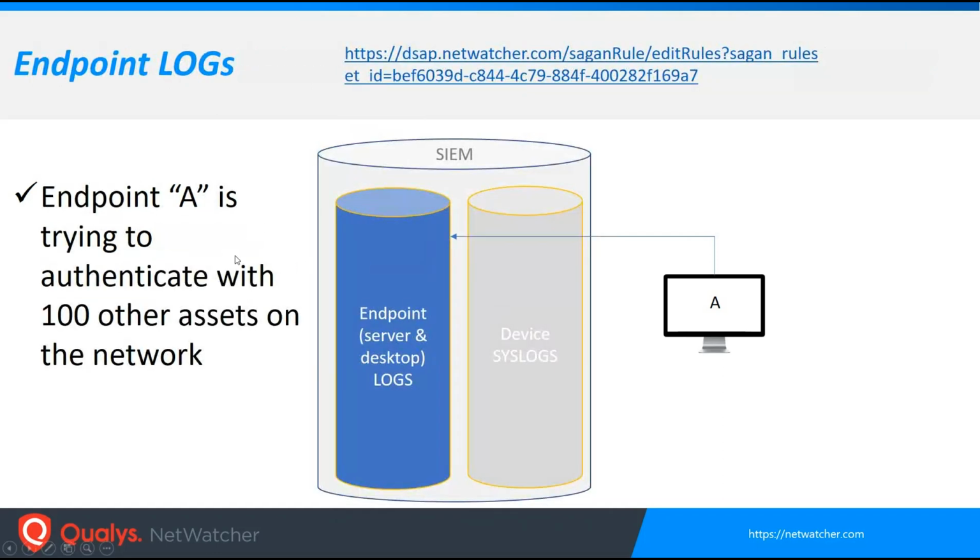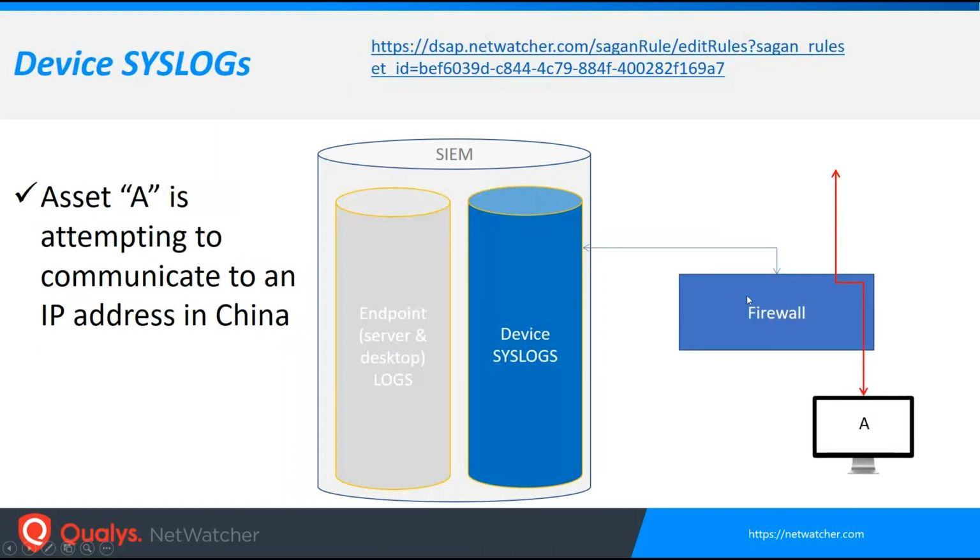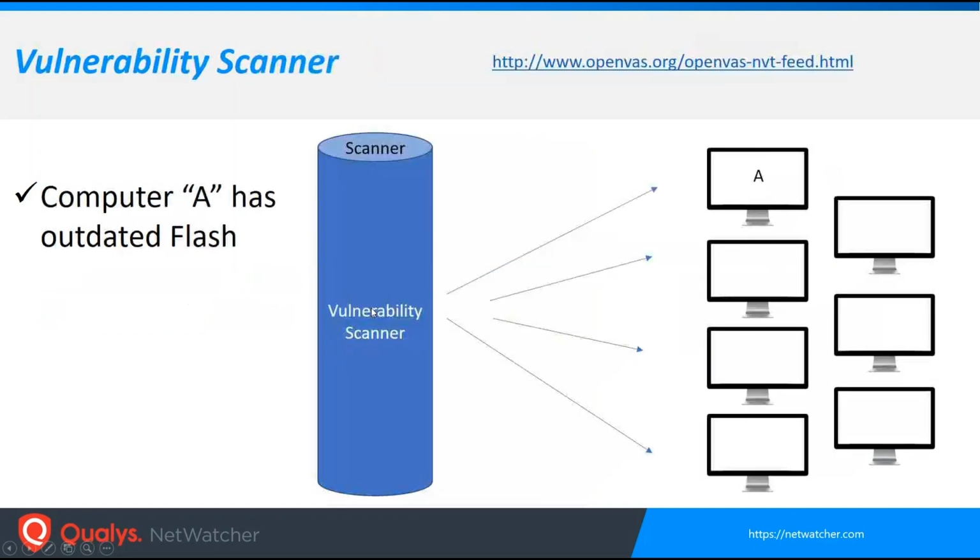Then the endpoints say, you know what, this asset is actually now trying to authenticate to a bunch of other assets on the network. So we see that in the logs. And then we see the firewall telling us, hey, there's been this strange communication to China. We might have also seen this in NetFlow on the network IDS as well. But let's just say the firewall tells us something interesting that's going on with that same asset. And then, oh, by the way, last week we did a scan via our full and fast scan, and we noticed that this had outdated Flash.